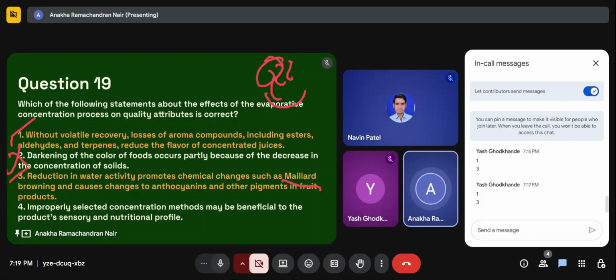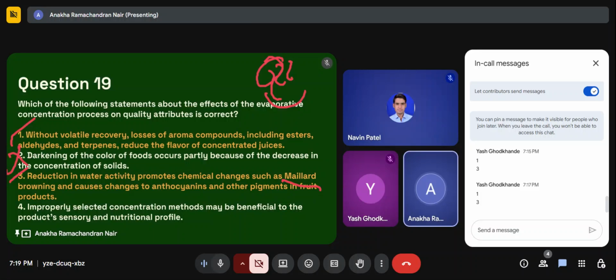So this is correct. Option 4, which is improperly selected concentration methods may be beneficial to the product sensory and nutritional profile, is incorrect. So you have to carefully select the concentration method, depending on what the flavor profile is, what the compounds that give the flavor are, because otherwise you might lose compounds.